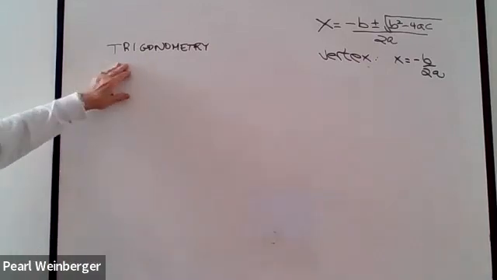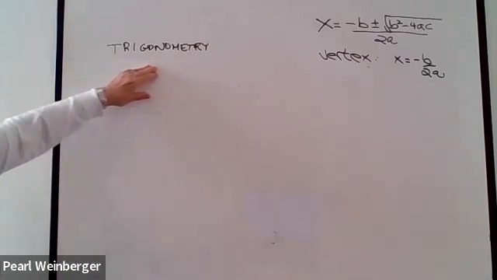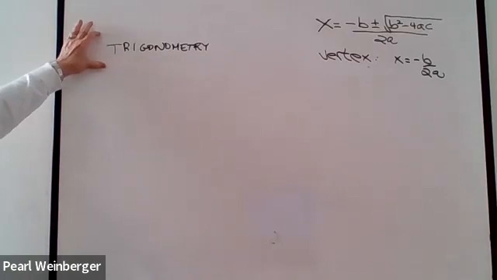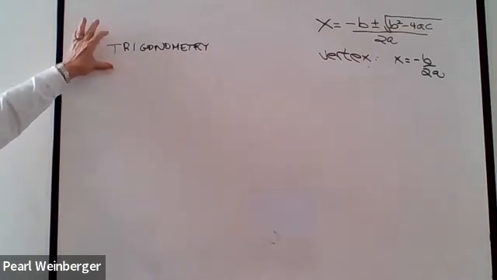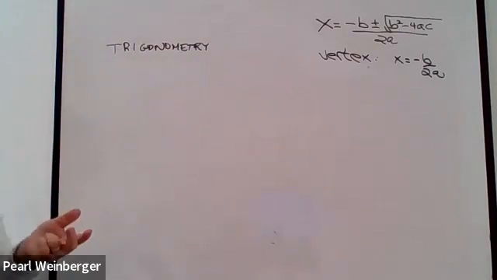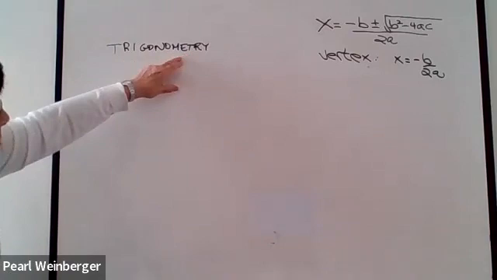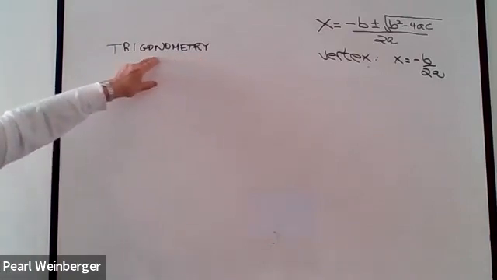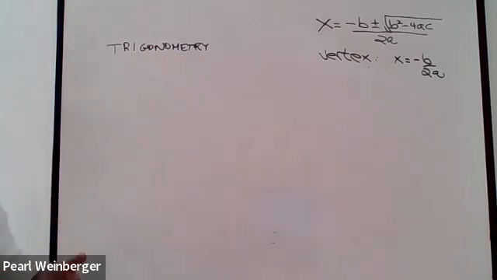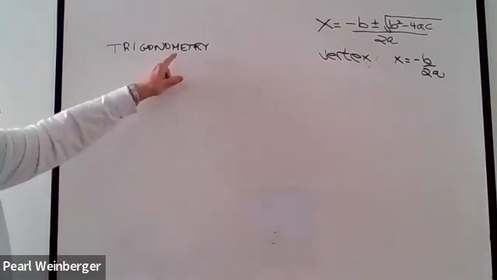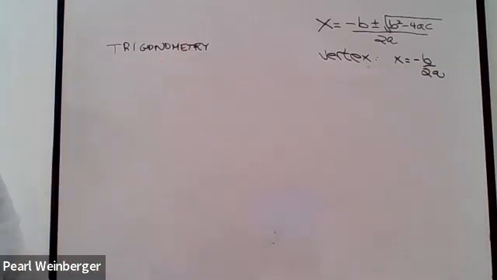So what do we study when we're studying trigonometry? Well, the name is giving us a little bit of a hint. The prefix tri means 3. And metry means something about numbers or measurements, like meters, measurements.